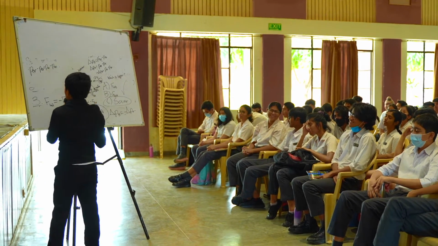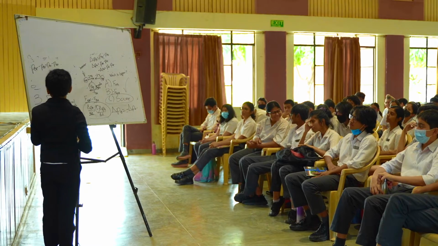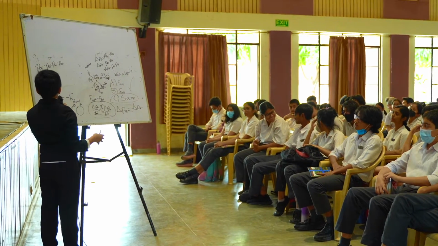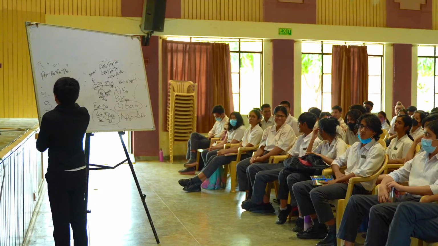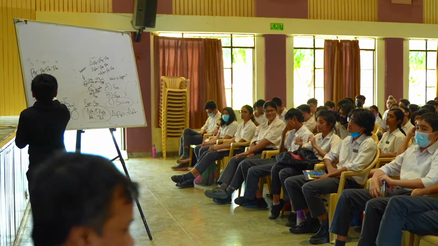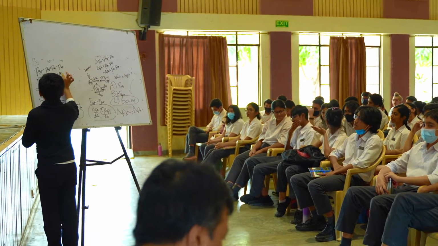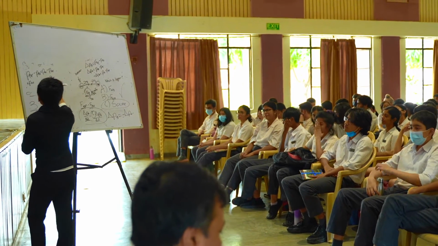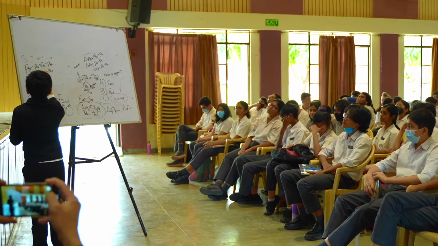Now, can anyone think of how to rearrange this equation? What we can do is add P_AF to both sides, and then add P_BI to both sides.